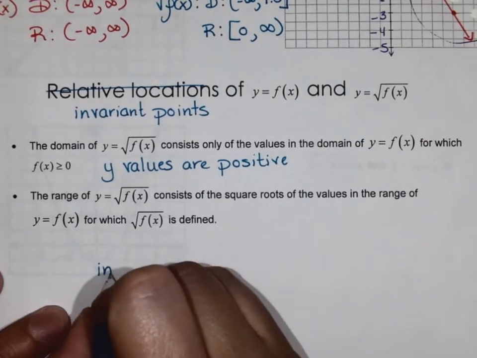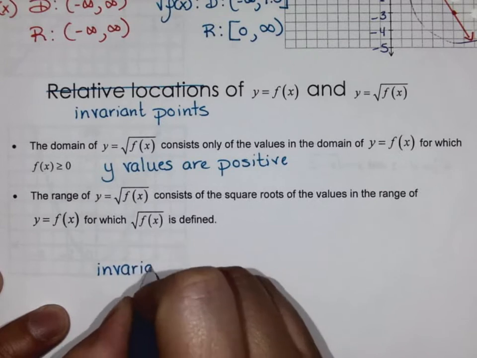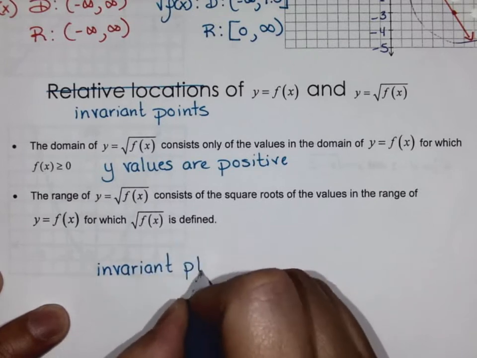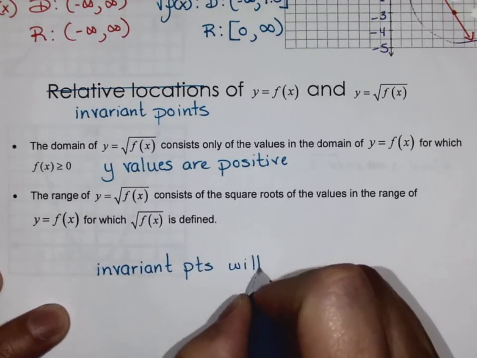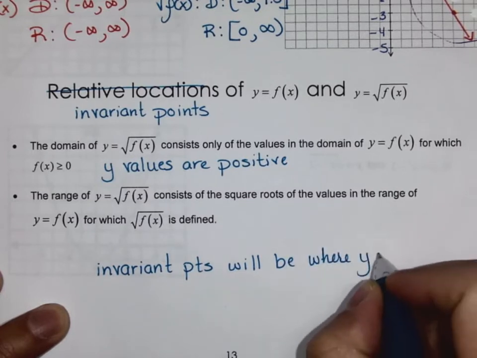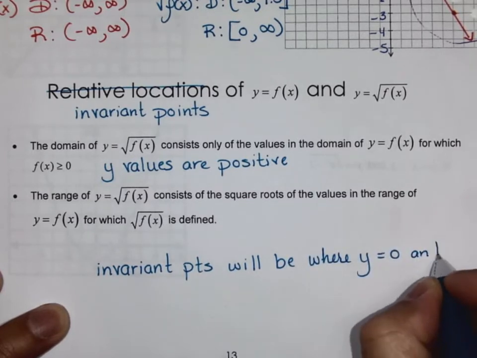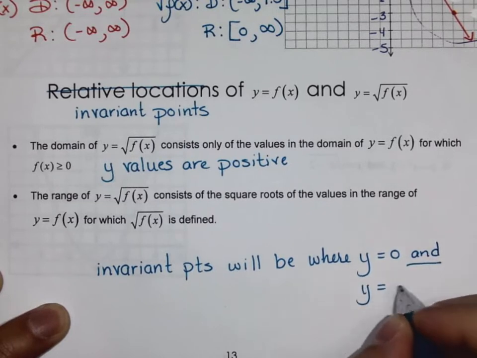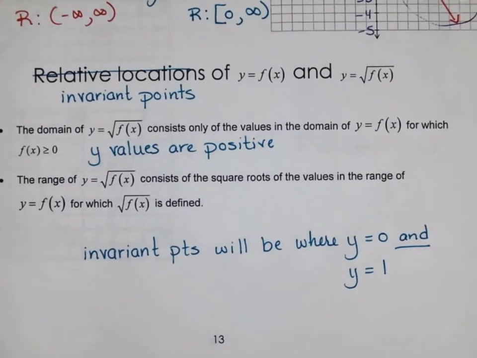So the invariant points will be where? Always? Well, because what's the square root of 0?